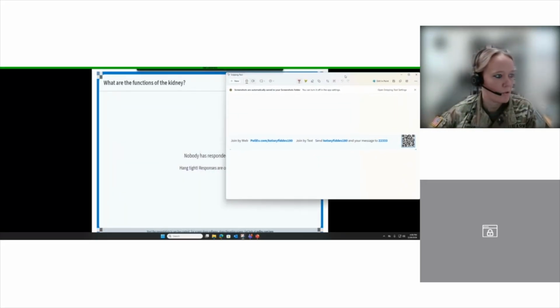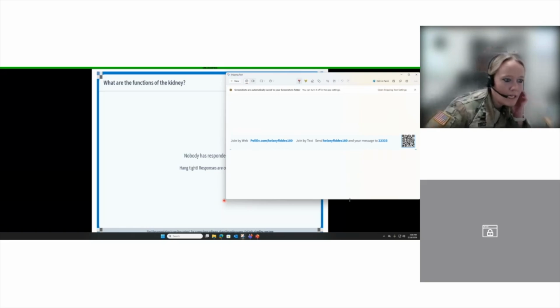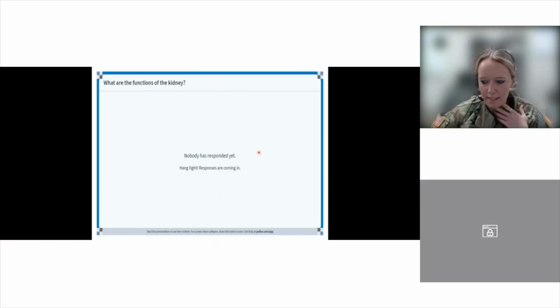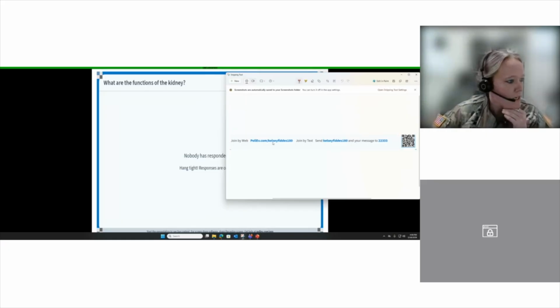What I'm going to have you do is, if you are on your computer, you can just go to this website, pollev.com/KelseyFiddes180, and log in, or you can do it by text message. I might have clipped this a little too close, so you might not be able to scan by the QR code, but you can also try that. All of these questions are going to have that same login information, so if you just stayed logged in there, otherwise I can go back and let you see it again. Sorry, I cut that off.